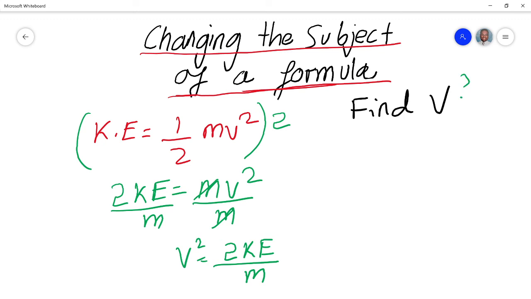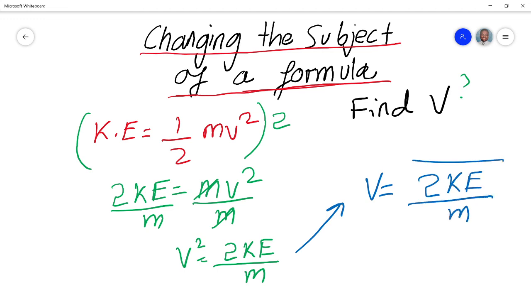All right, so what we need to do is we use the opposite of a square, which is a square root. Okay, so I'm just going to move this here. So in order for me to get v, it now becomes 2 kinetic energy divided by your mass, and you find the square root. As you know from basic maths, the opposite of a square is a square root.